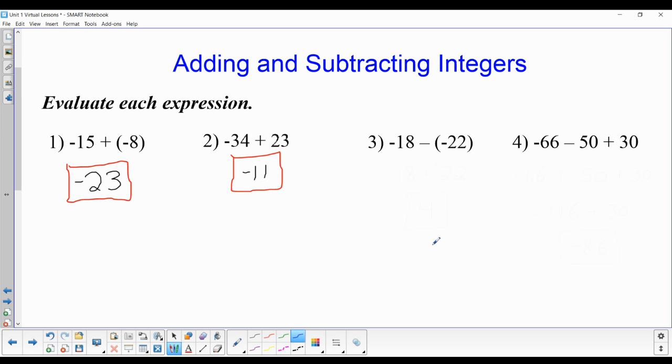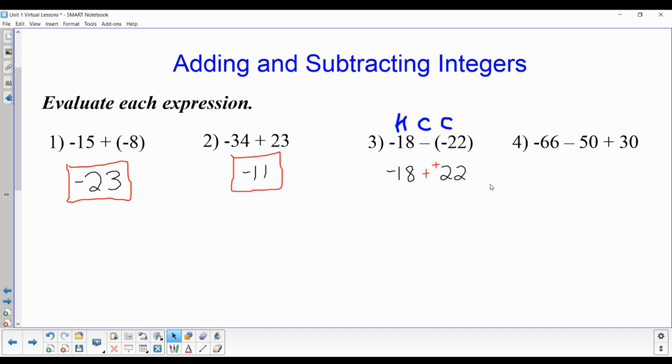We are going to keep the negative 18, change the minus to a plus, and change that negative 22 to a positive 22.